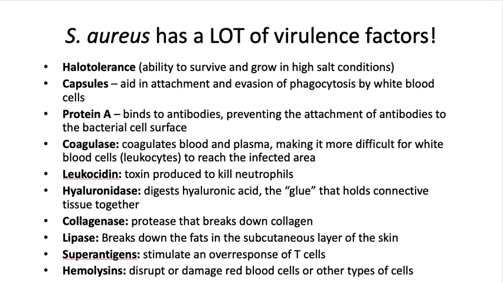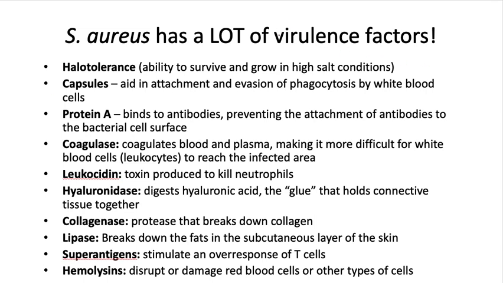So one thing that makes staph so adaptable is its ability to survive high salt concentrations. In Unit 2, we learned that an organism that can grow at high salt concentrations is called halotolerant. And in the lab, Staphylococcus aureus was our halotolerant microbe.